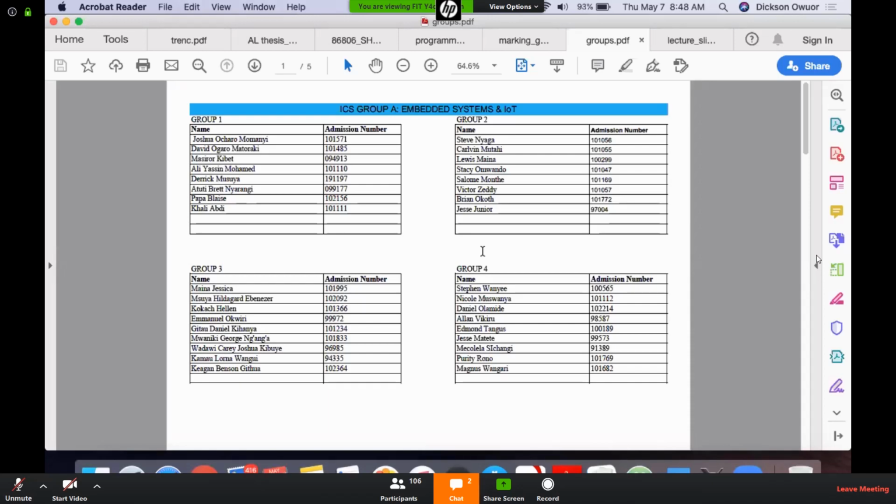So it's possible that there are PS4s that don't have network. You can achieve your goal of playing games even without connecting to the network. But if it has a network, then maybe let me see if someone else has a different answer. Papa Blaze, if it has a network, then is it an embedded system or an IoT system?